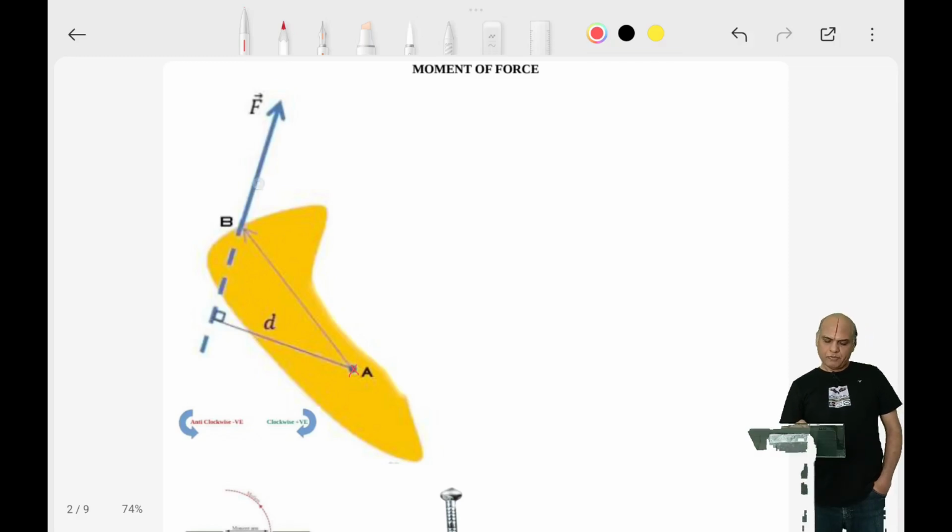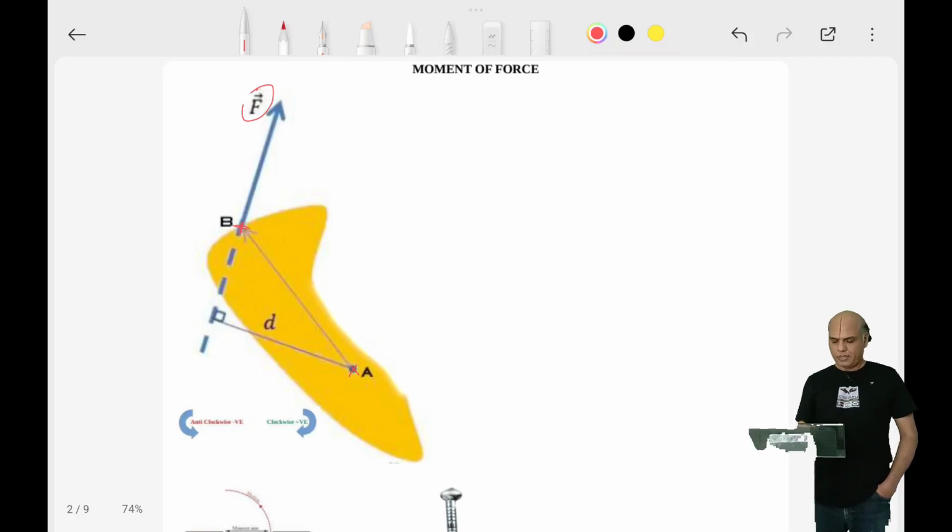If an external force is applied at point B, what is going to happen? Because the body is not free to translate, it will tend to rotate about an axis passing through this pivot A.